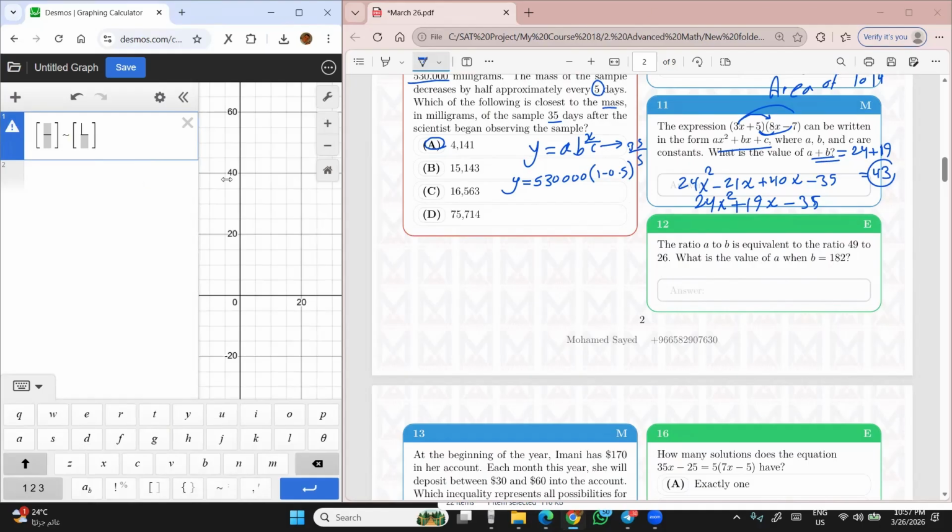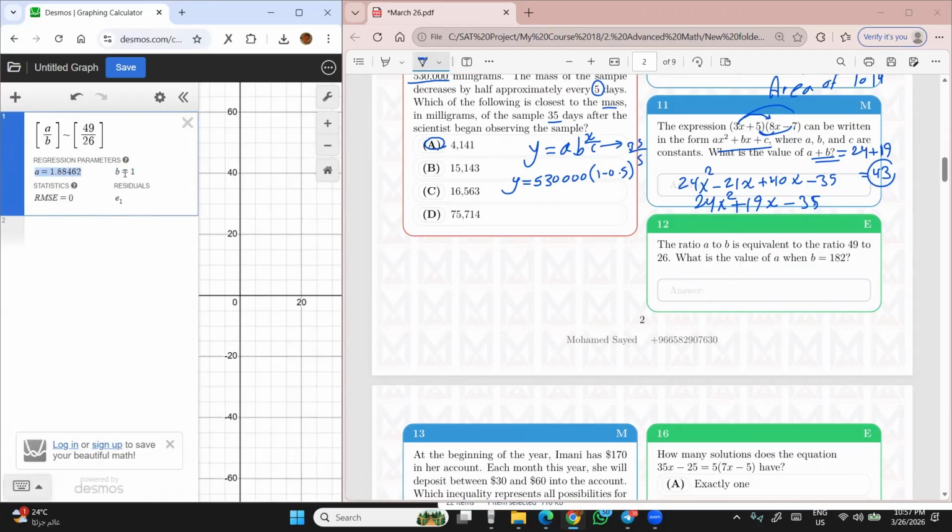So you can get the answers by writing the value of A to B, the ratio of A to B. So we can write here A over B, and in the right side, the same ratio as 49 to 26, 49 and 26. And then we have some numbers. Don't consider these numbers as your answers because we did not give the entire information.